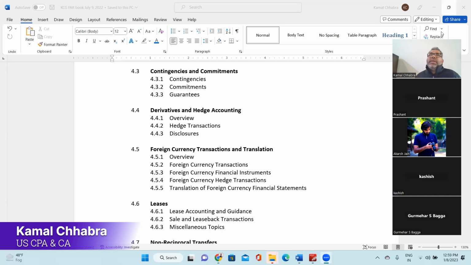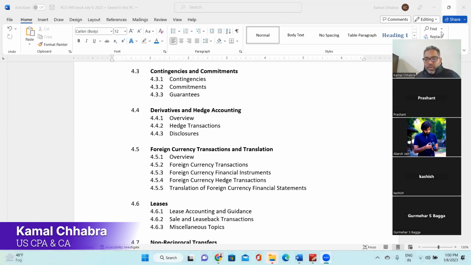When you reach the year end or closing of the financial statement timelines, if there is any receivable or if there is any payable in the foreign country, that you need to translate to the year end conversion rate. That is called translation, right? What is foreign currency transaction?